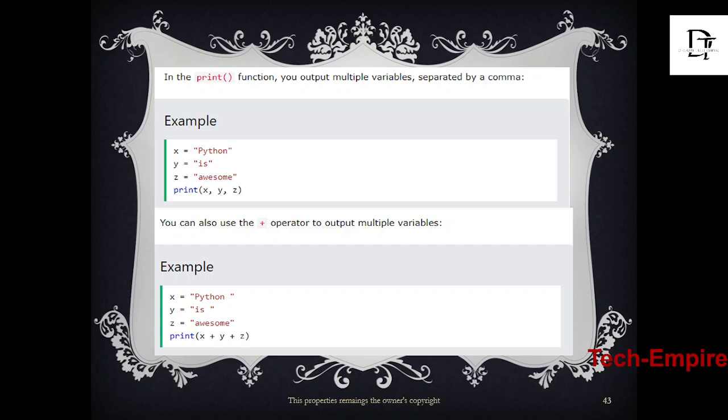How? We use the concatenation method. That is this plus. That plus means we concatenate them together. So we are going to see this first example and this second example and see which one is more preferable.